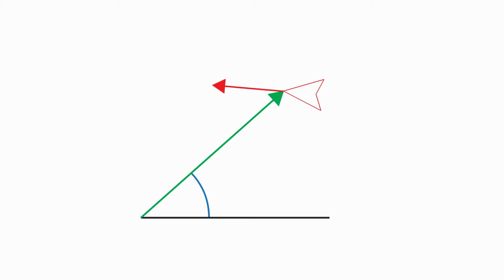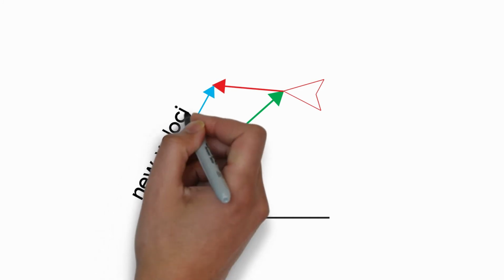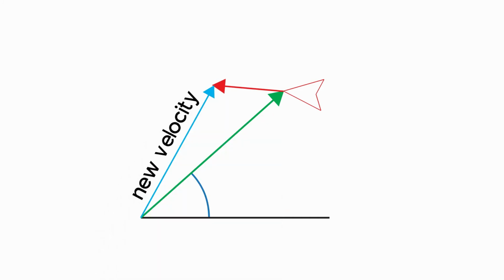And that will then give us a new resultant vector, which is the new overall velocity of our player ship. So within our software then, we're going to have to be able to model these vector quantities and then have some sort of way of adding them together so that we can change the velocity using this idea of accelerating in a new direction dictated by the way the ship is pointing.